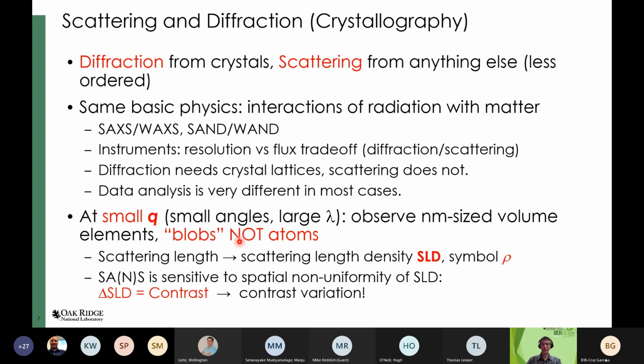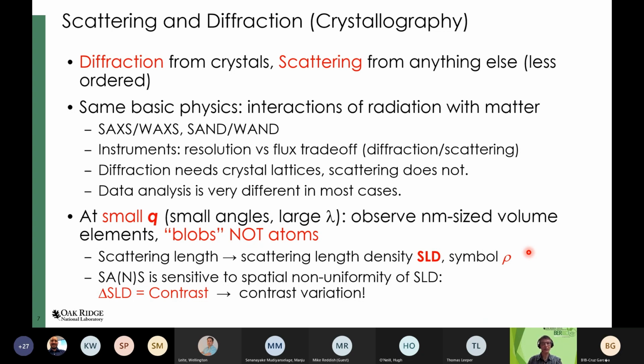But the interference process still applies. So then we're no longer talking about the individual scattering lengths or powers of individual atoms, but rather about an average scattering length density in those volume elements. We call this scattering length density, or SLD, and we often use the Greek letter rho, which is also used for regular mass densities.